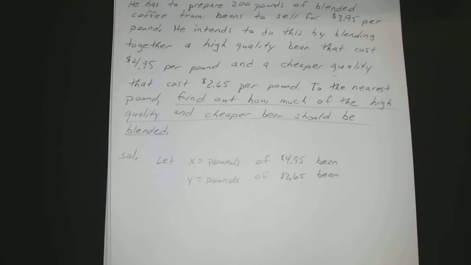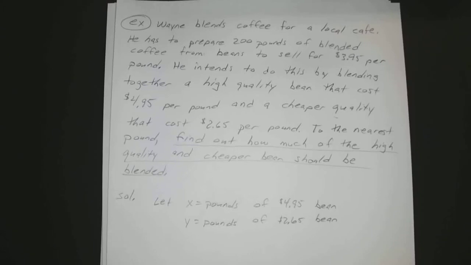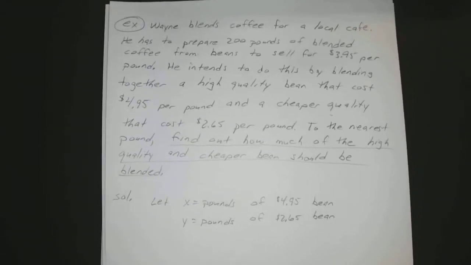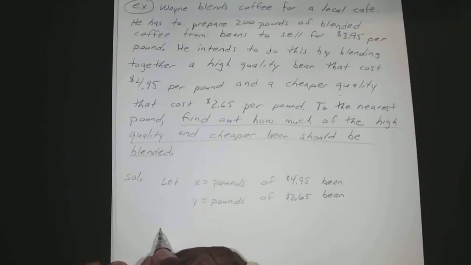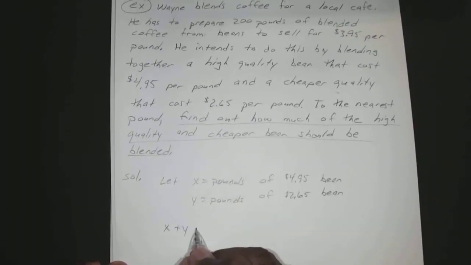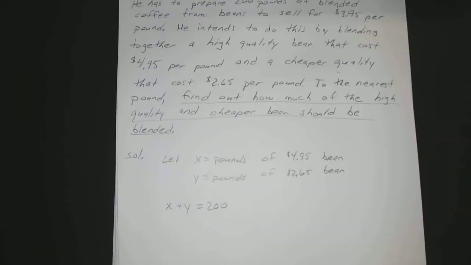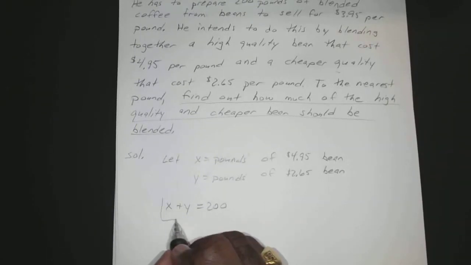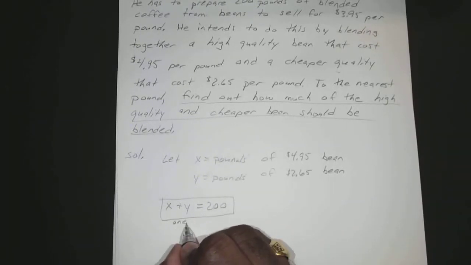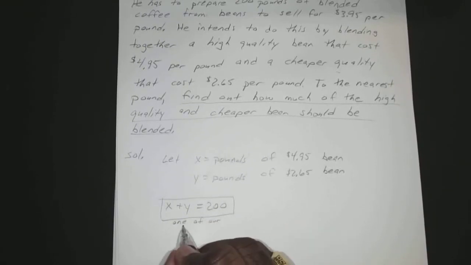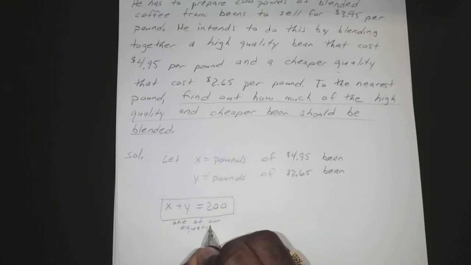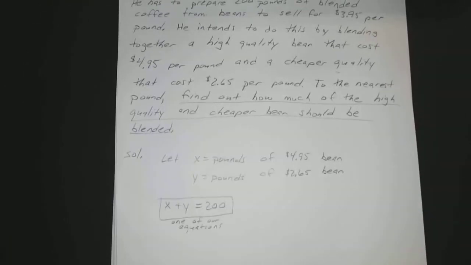How many total pounds are we looking for? 200. Yep, 200. So since you know that this number of pounds plus this number of pounds has to equal 200 pounds, we have one of our equations.